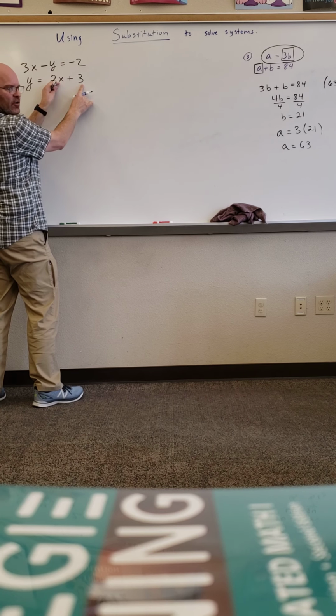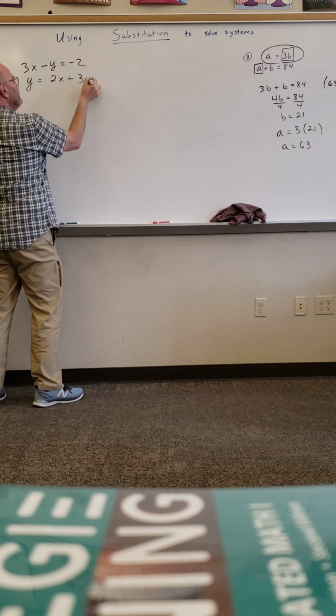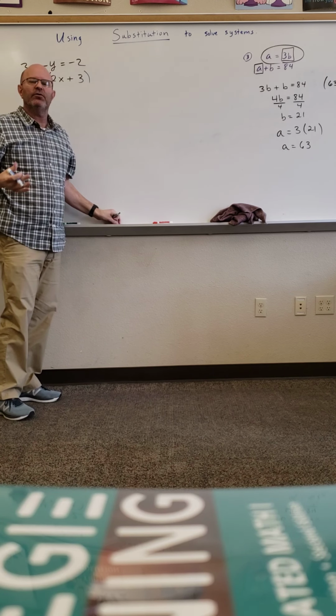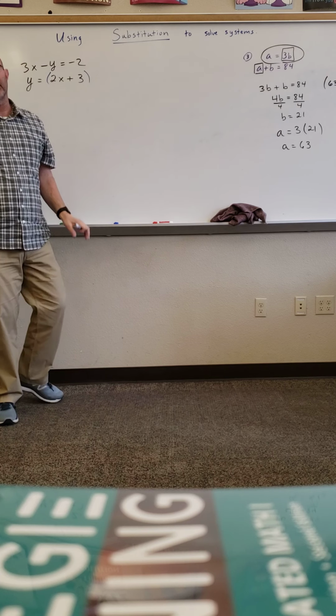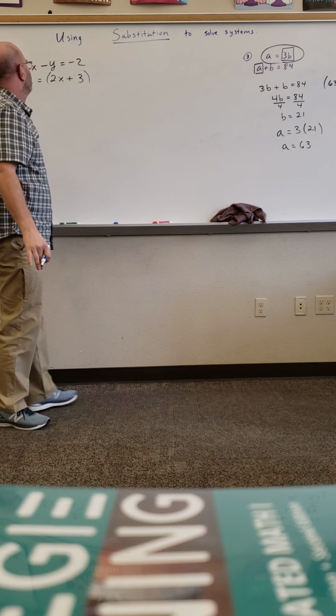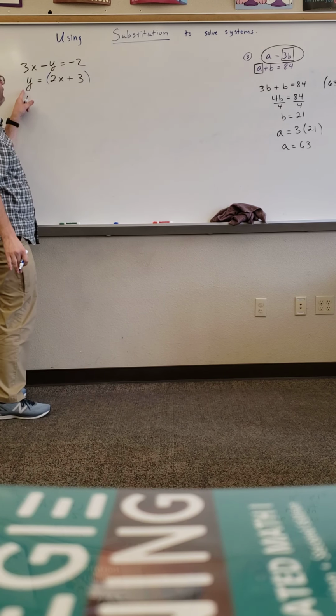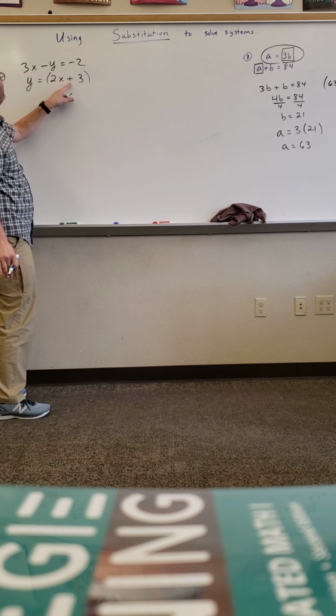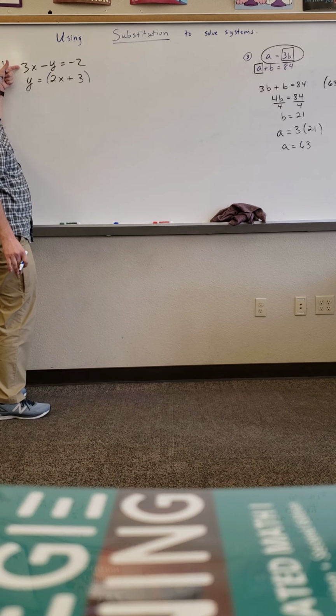These are called binomials. So I'm going to take that binomial and put parentheses around it. This is what we do with algebra when we make substitutions like this. So since I know that y is equal to this stuff, 2x plus 3, I'm going to replace y with 2x plus 3 into the top equation.